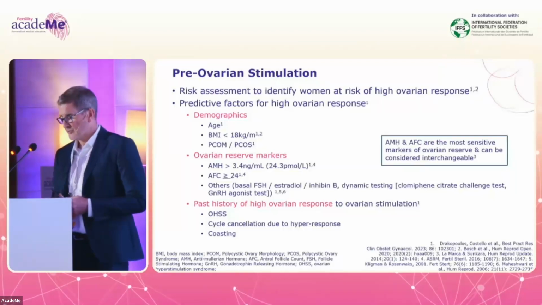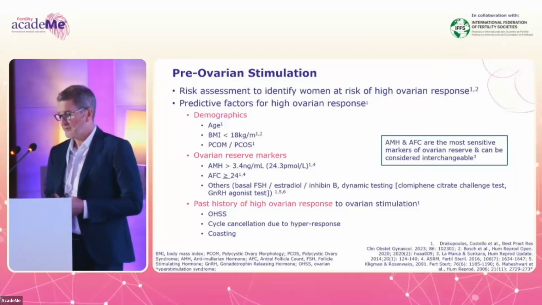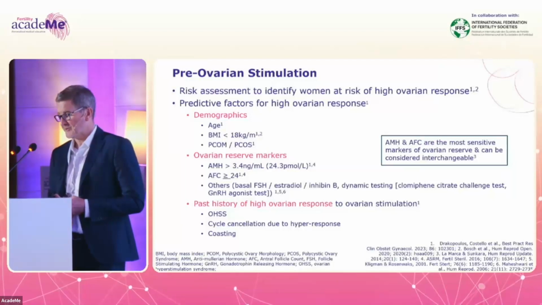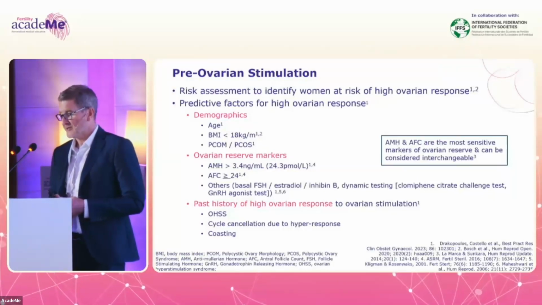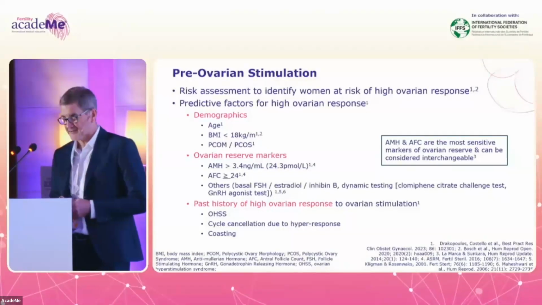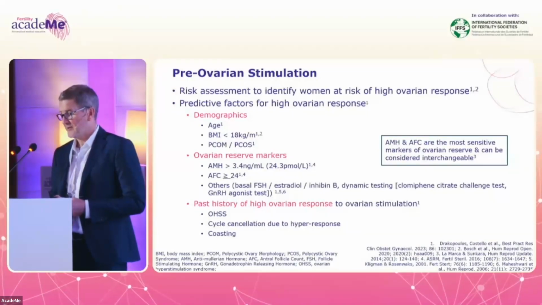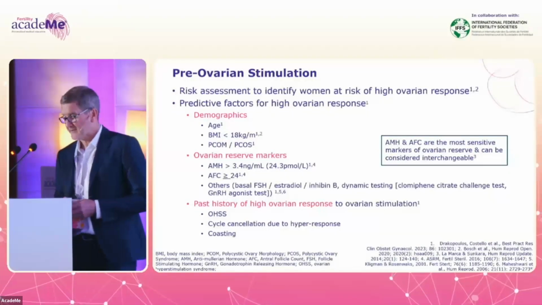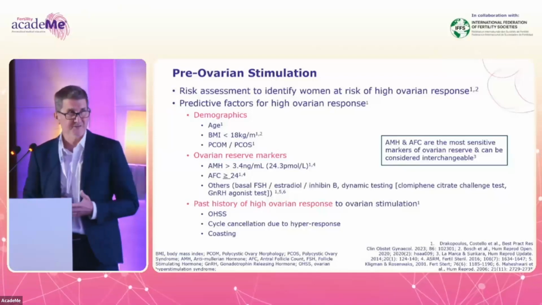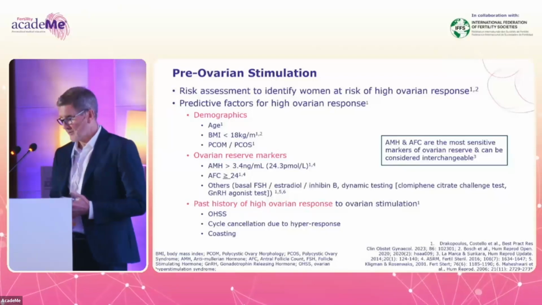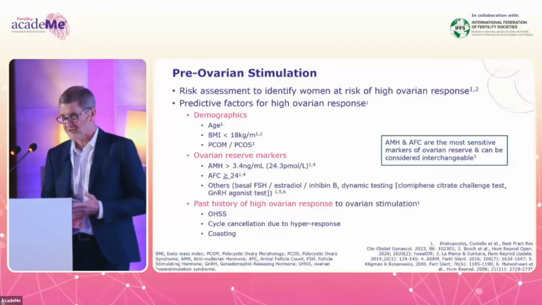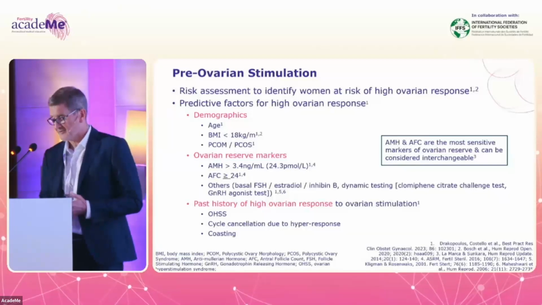And so first of all, identify the potential hyperresponder, and then we can do that by looking at risk factors for high ovarian response, and this can be patient demographics such as young age, low BMI, polycystic ovary morphology on ultrasound, polycystic ovary syndrome.